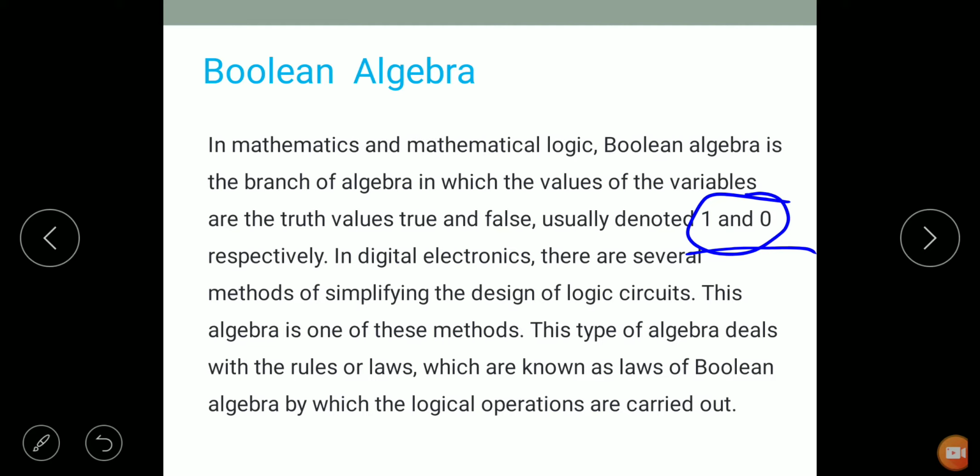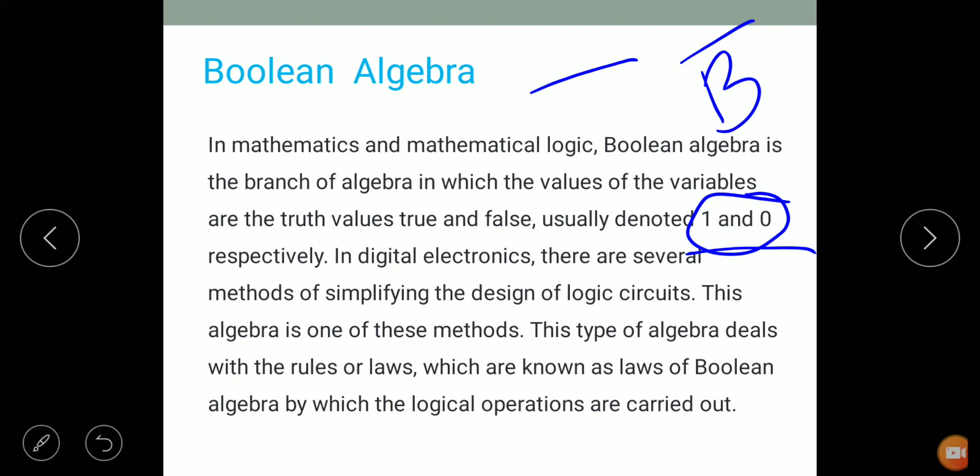Rules in Boolean algebra: there are some rules to be followed while using Boolean algebra. Variables can have only two values, binary 1, that is high, and binary 0, that is low. Second, the complement of a variable is represented by an over bar on the letter. Thus the complement of variable B is represented by B bar.